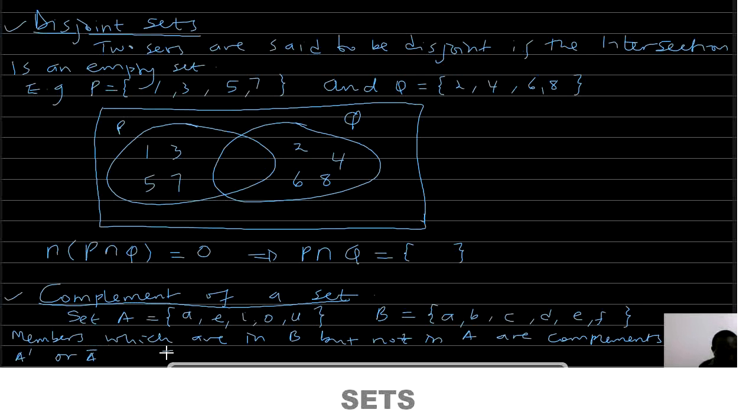So basing on the two sets, A is here, A is there, E is here, A is there. A complement is what we are looking for. We don't have C here.